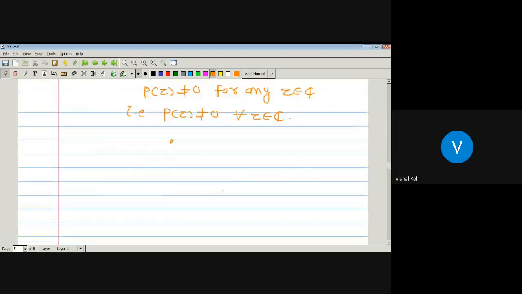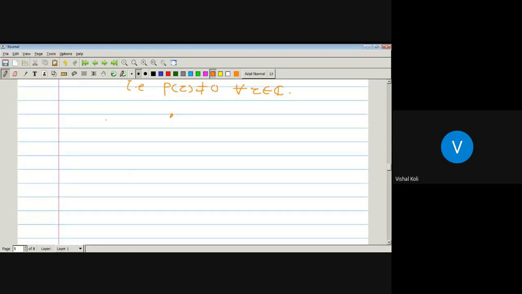Now we will define one more function, small f of Z. Let us take small f of Z as 1 upon P of Z. Since P of Z is not equal to 0 for any value of Z belonging to the complex number system, we can easily define f of Z as 1 upon P of Z. But P of Z is an entire function, which means it is analytic in the whole complex plane.